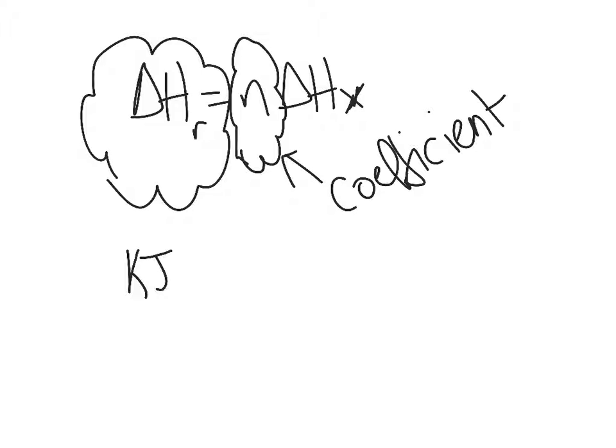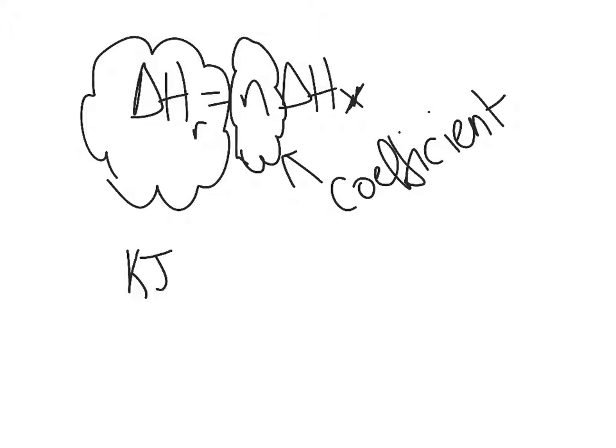So I've given you an example below, and that's for the combustion of methane. If you look at these equations, one of them's a little easier to read, and that's the second one.